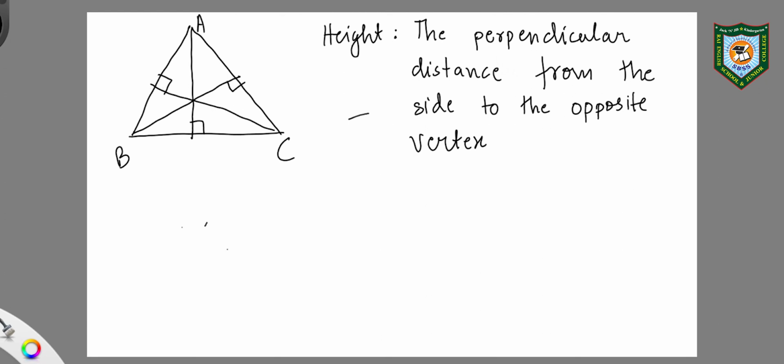Now some examples, as we saw in our previous solved examples, might have a different triangle. So let's say I have a triangle like this.